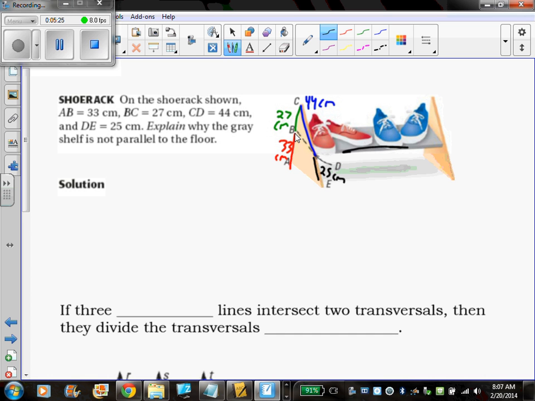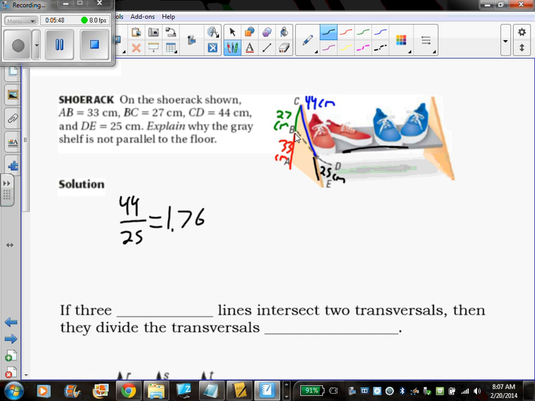I'll start with CD and DE, and I'll set up 44 over 25. It would probably be a good idea here to turn this into a decimal, so I'll enter that into my calculator. 44 divided by 25 gives us 1.76.